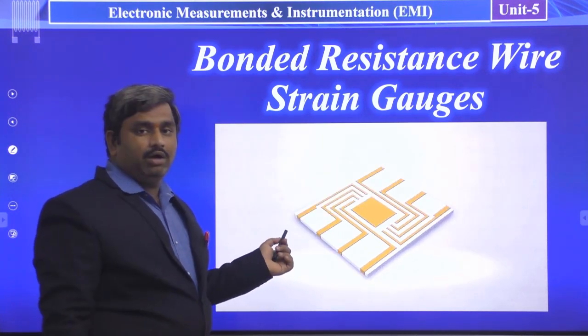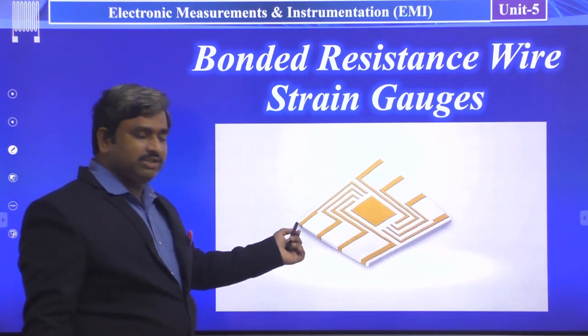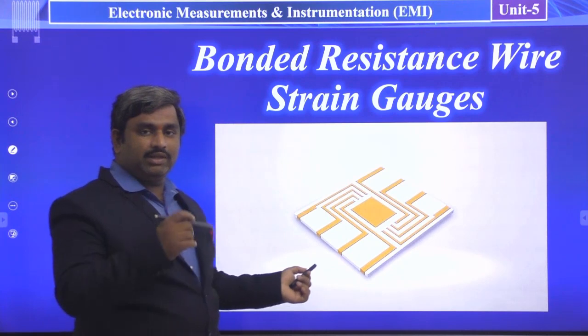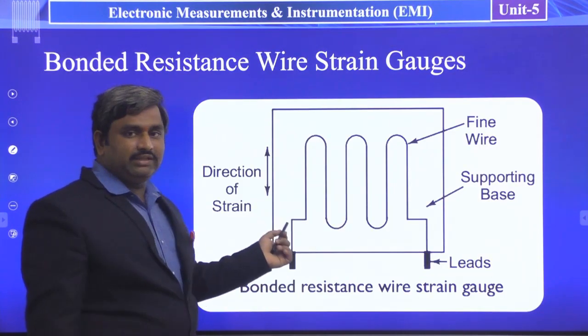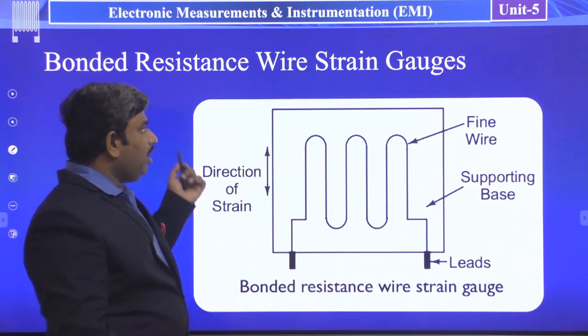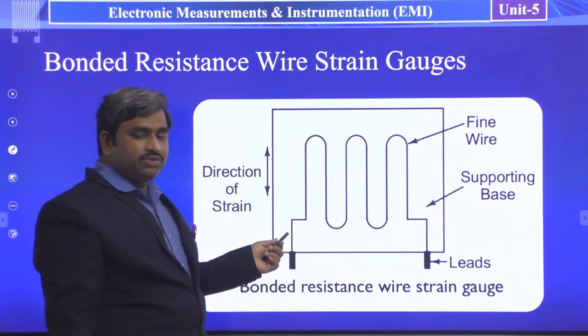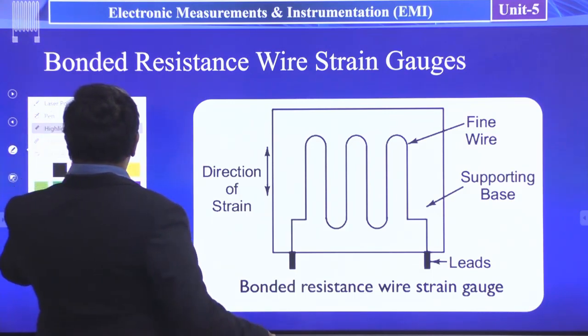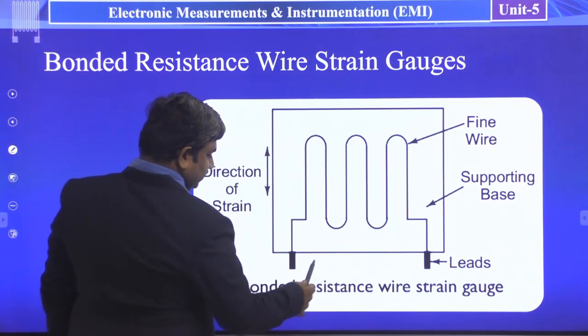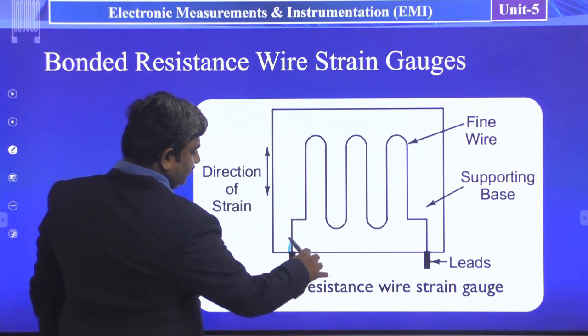Not all types of strain gauges look like this. Some are formed with straight lines also. See here, this is an example of a fine wire strain gauge. Here I have placed these wires in this way. So these are the electrical leads.